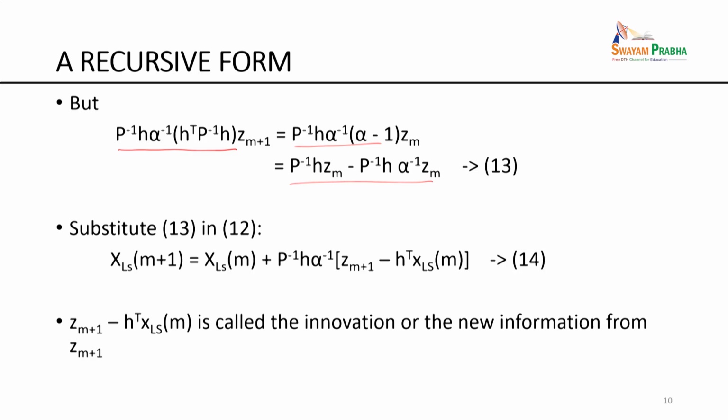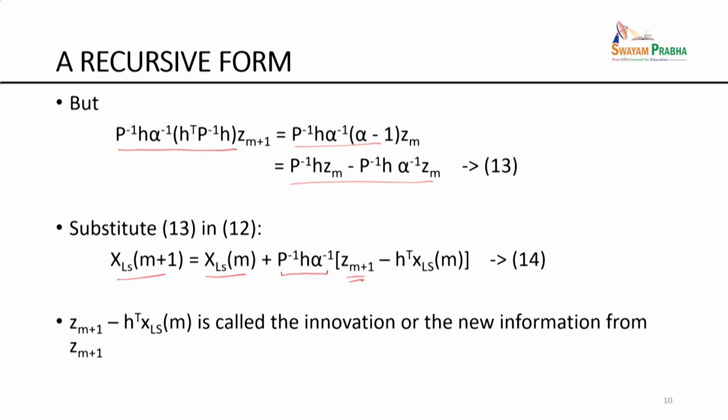Substituting 13 and 20 in 12, you can readily see my new estimate is equal to the old estimate plus a matrix times, so look at that, this is a matrix times a vector times a constant. So this is a vector.